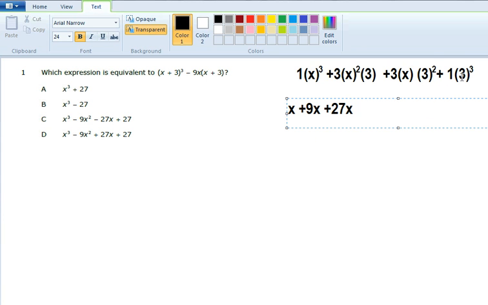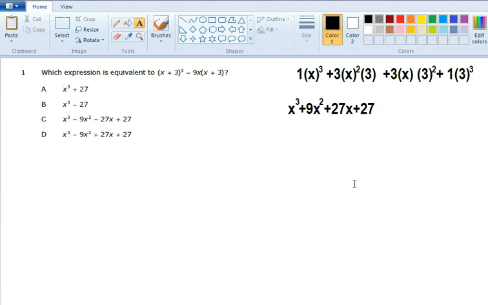And 3 cubed is 27 times 1 is 27, so plus 27. Now, as I promised, I'm going to come back here and put in the powers. So we have cubed and squared. And that is what we get from this section.